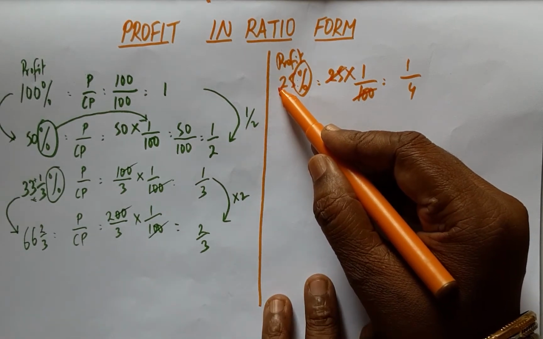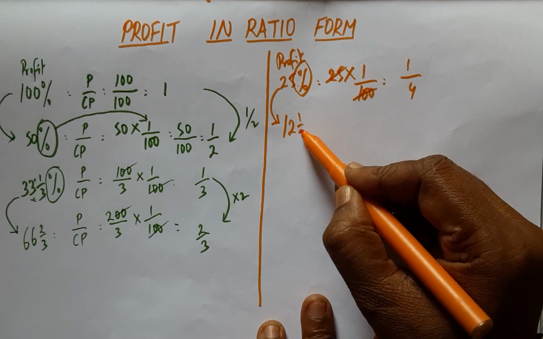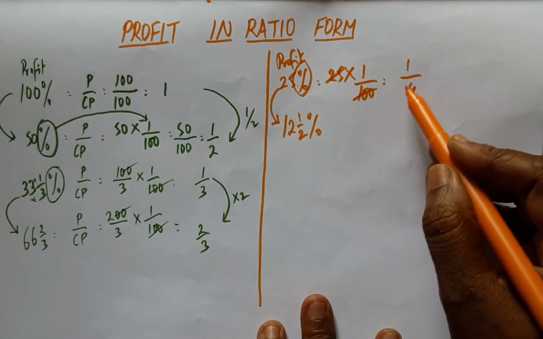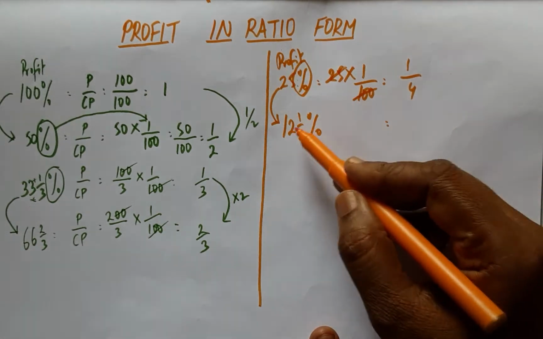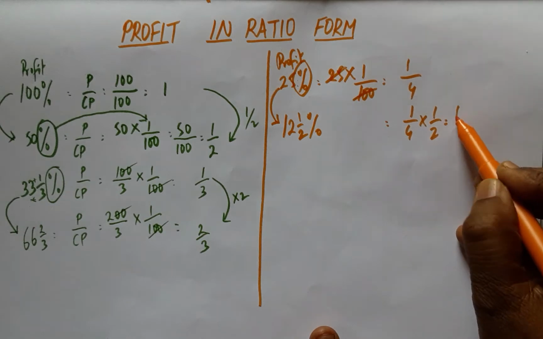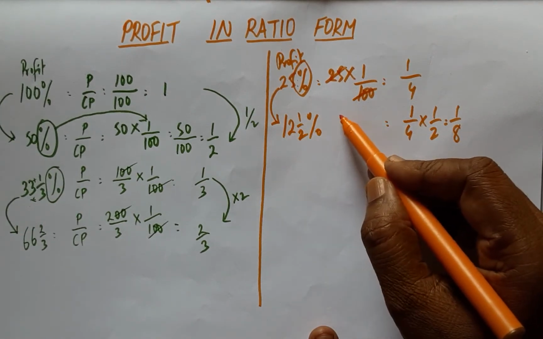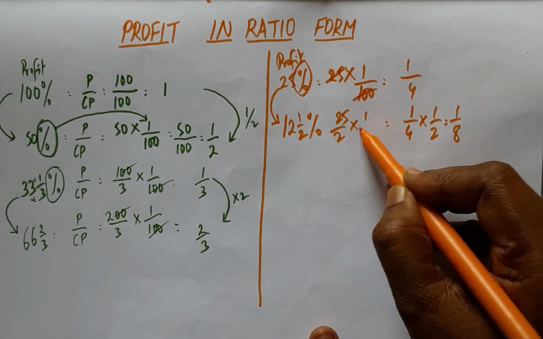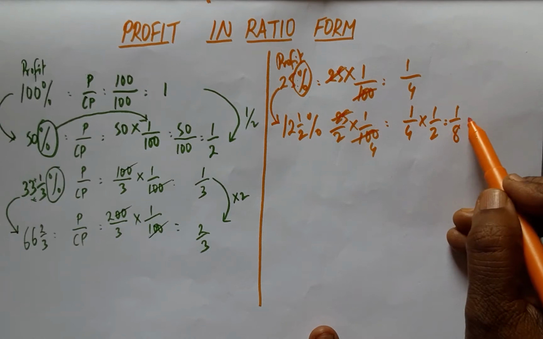If I divide this by 2, again I will have 12.5%, and multiplying this by half, because I have halved this, I can also half this fraction directly, and it will be 1 by 8. This also comes to 25 by 2 into 1 by 100. 25 ones 4s, it is nothing but 1 by 8.